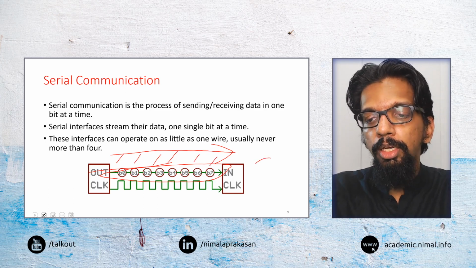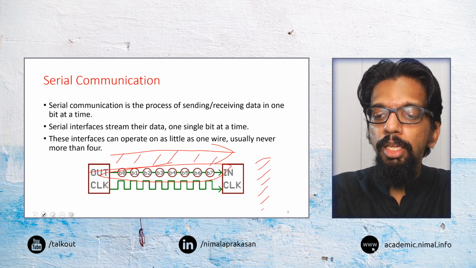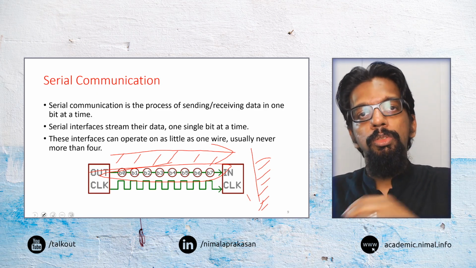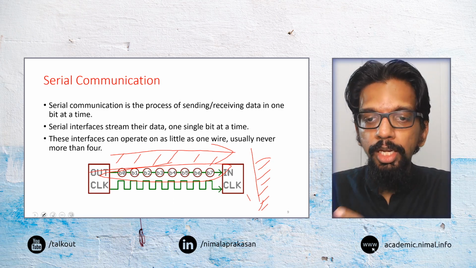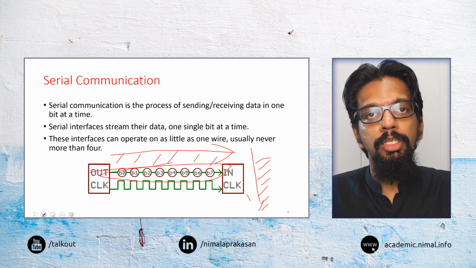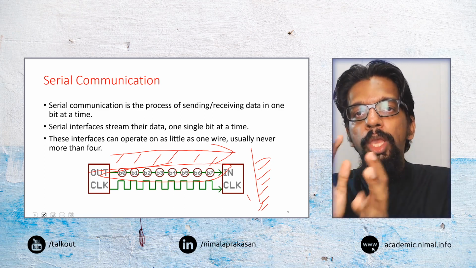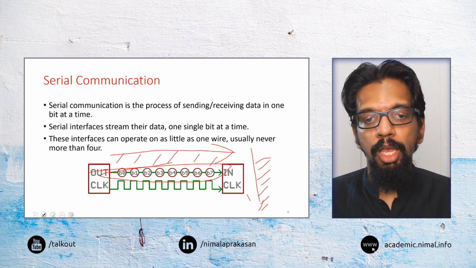And at the receiver's end, it is going to receive one bit after the other. So, there's going to be significant delay compared to parallel communication, where all the bits were sent at once. Here we will have to wait and send one bit after the other.